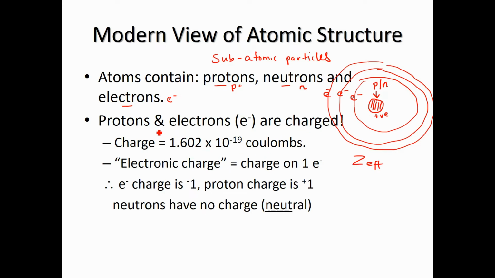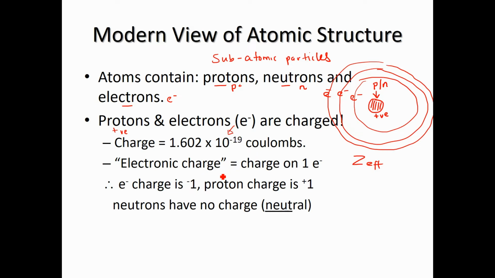Okay, so the protons and electrons are charged. Obviously, protons are positive. Like I said, electrons are negative. The neutrons are neutral, as the name goes. The charge is almost gonna be given as 1.602 to the power negative 19 coulombs. I think that's the charge of an electron.